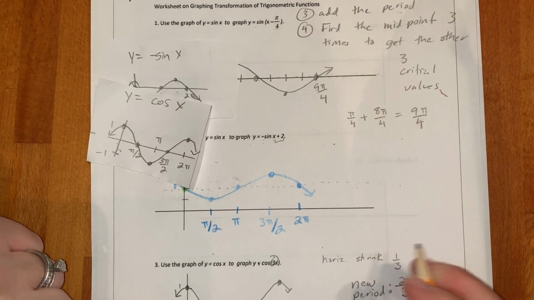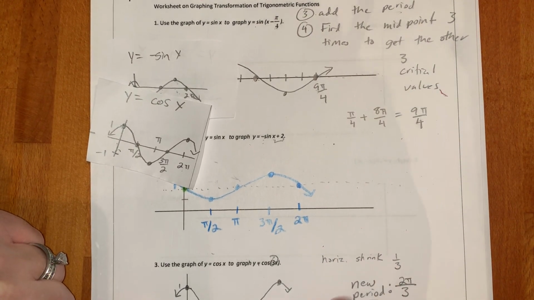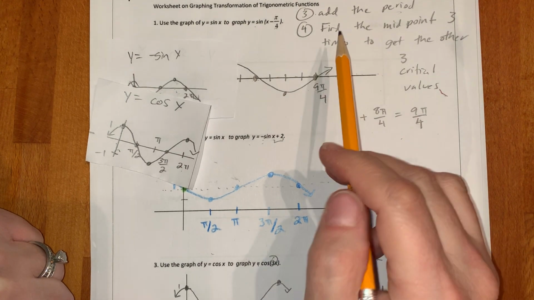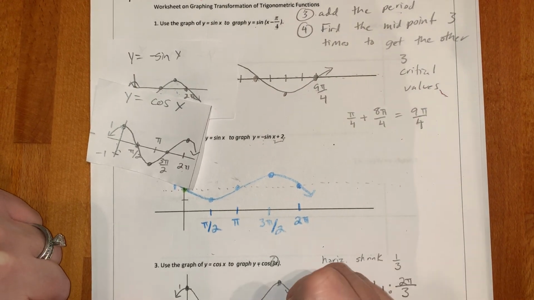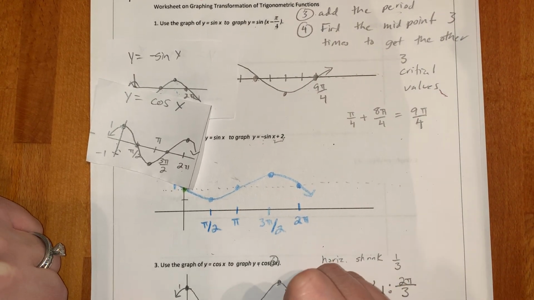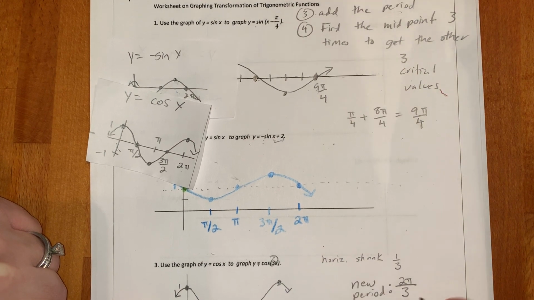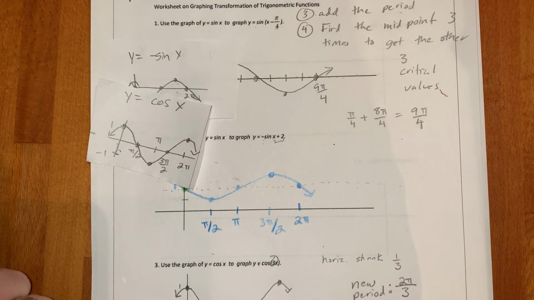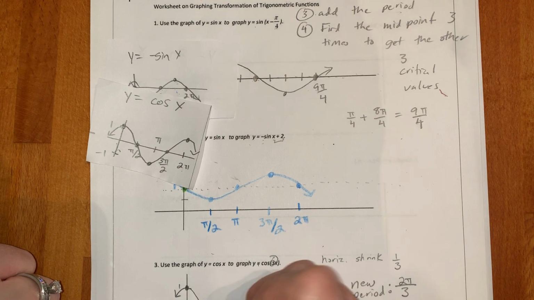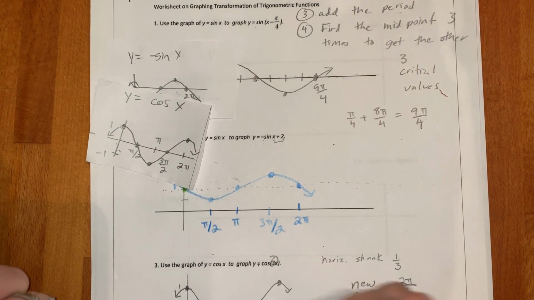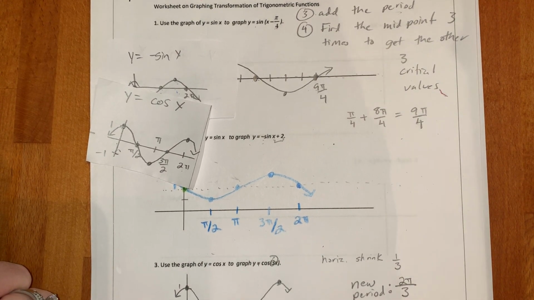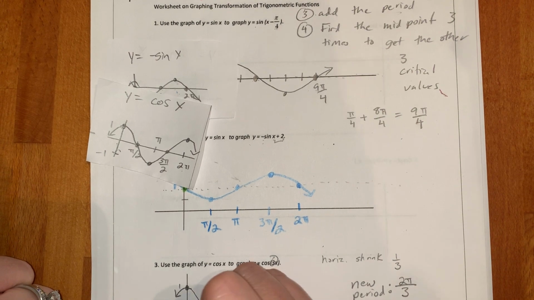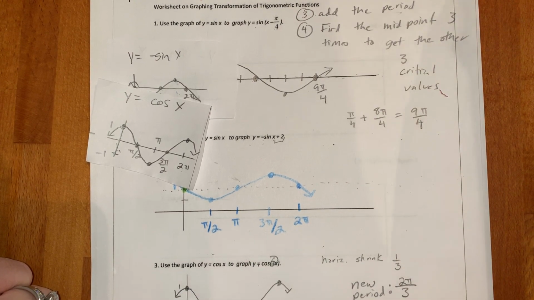Okay. My new period is 2 pi over 3. So we start at 0. That's the starting x value. Add the period. Period is 2 pi over 3. What's half of 2 pi over 3? 1 pi over 3. What's half of 1/3? 1/6.